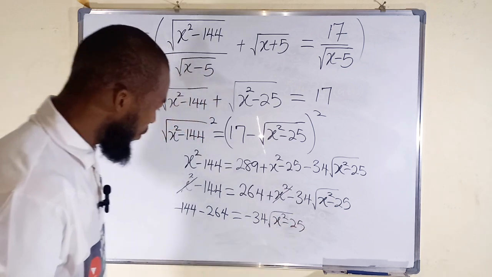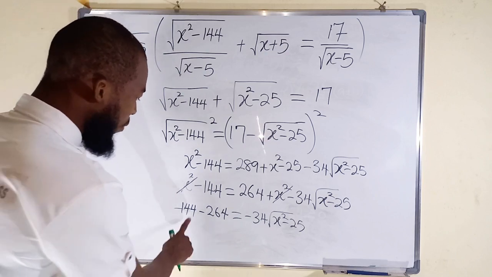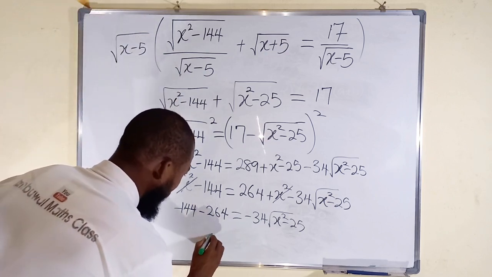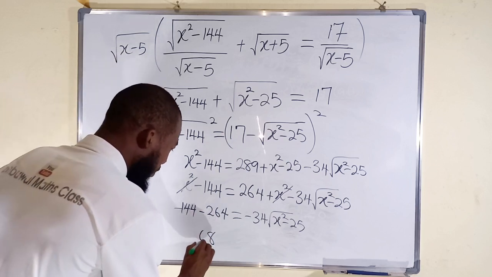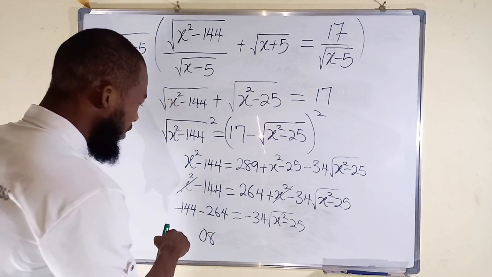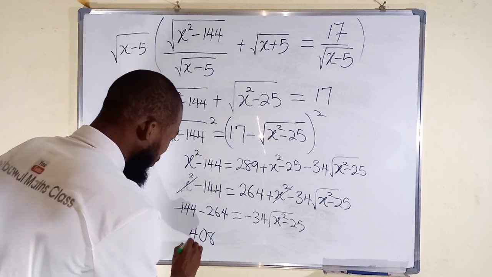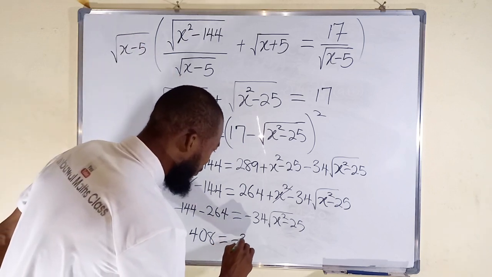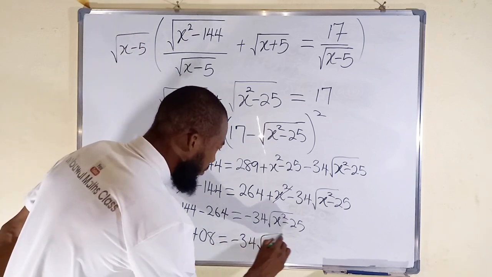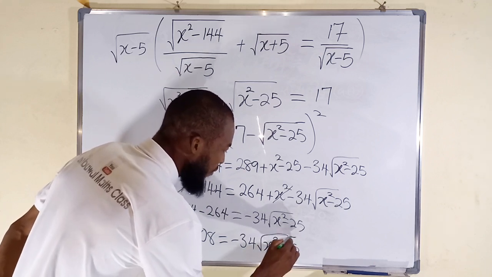Now the left hand side: negative 144 minus 264 gives us negative 408. So we have negative 408 equal to negative 34 multiplied by the square root of x squared minus 25.